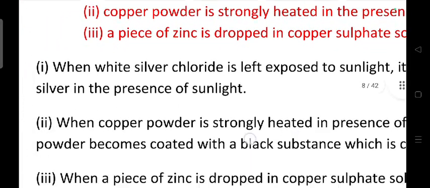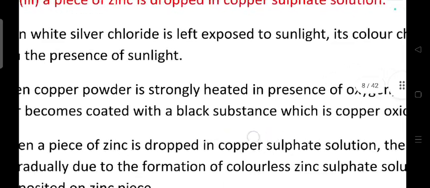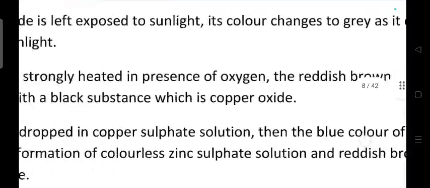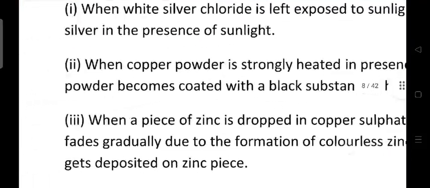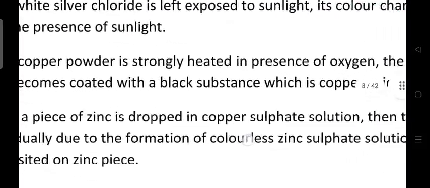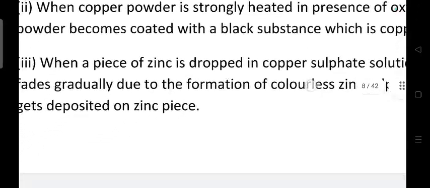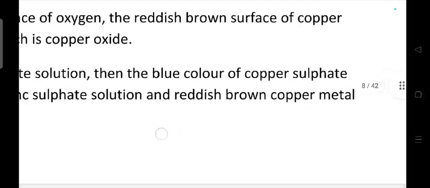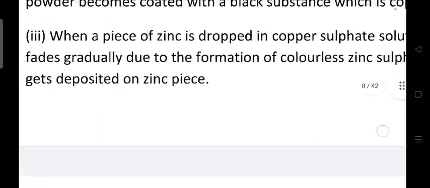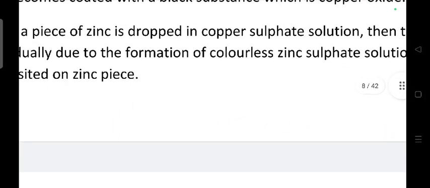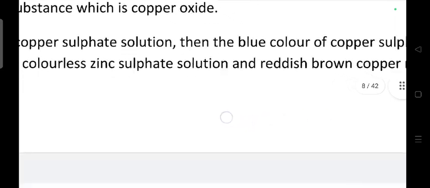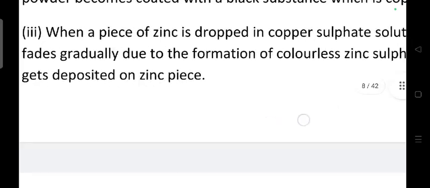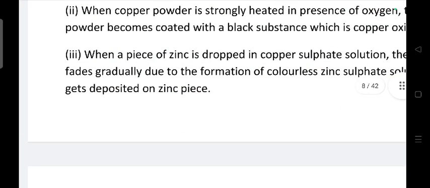When copper powder is strongly heated in the presence of oxygen, the reddish brown surface of copper powder becomes coated with a black substance, copper oxide. When a piece of zinc is dropped in copper sulfate solution, the blue color of copper sulfate fades gradually due to the formation of colorless zinc sulfate solution, and reddish brown copper metal gets deposited on the zinc piece.